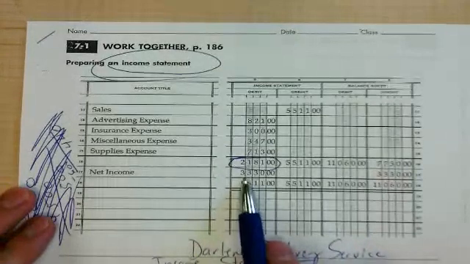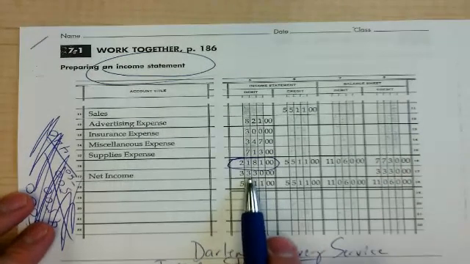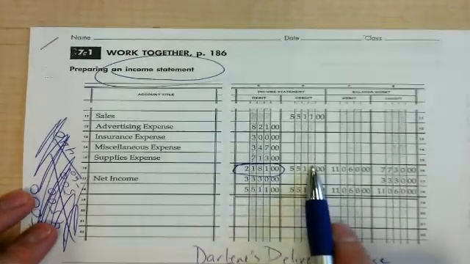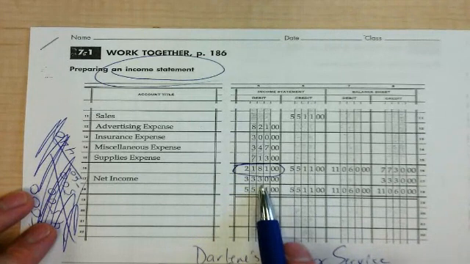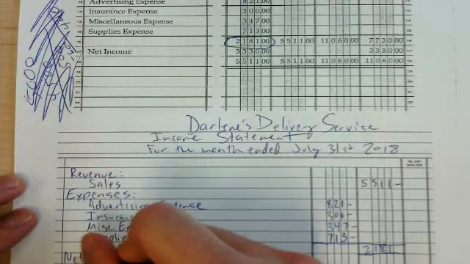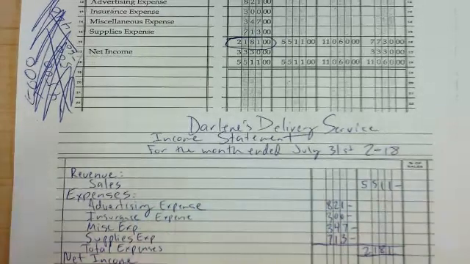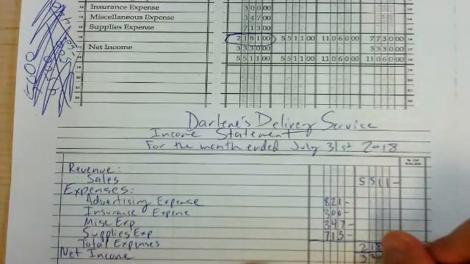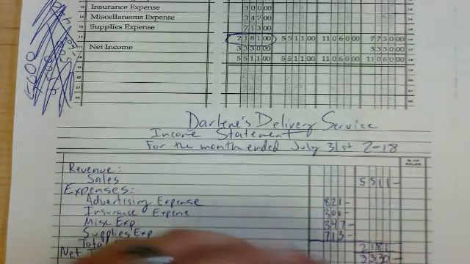And if you recall, we've already done this on the 8-column worksheet. So sales minus expenses is 3330. So you're going to write net income, and it's 3330.